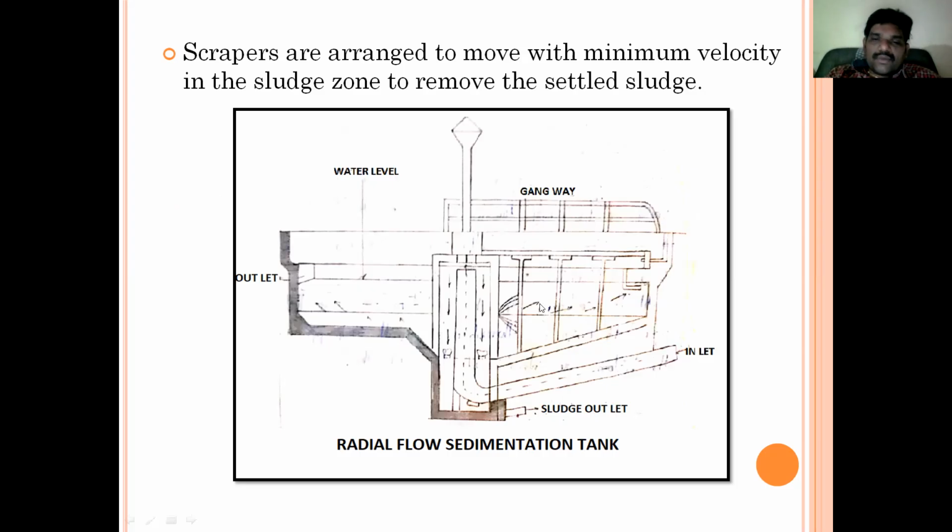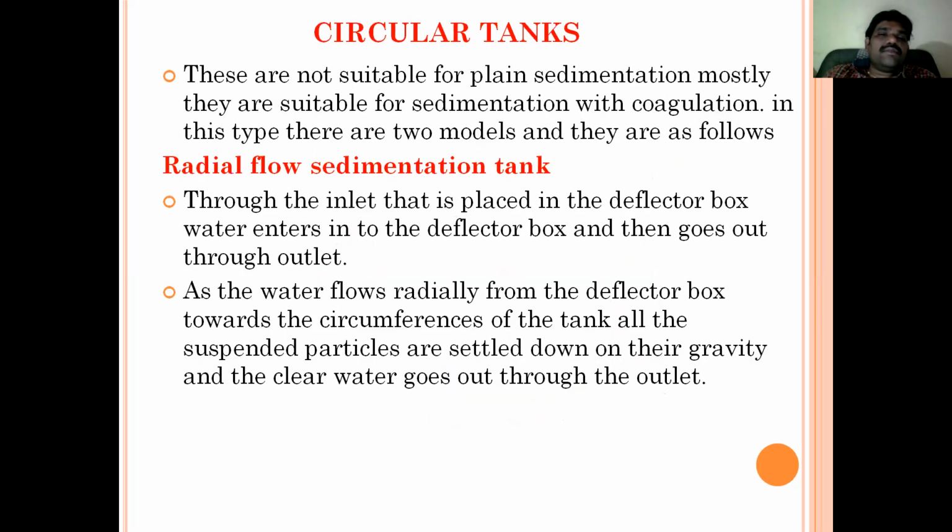See here, as it distributes radially, the particles associated with those water droplets move slowly downwards, and the water flows out through the outlet. This is about the radial flow sedimentation tank. Did you understand? Through the inlet placed in the deflector box, water enters into the deflector box.